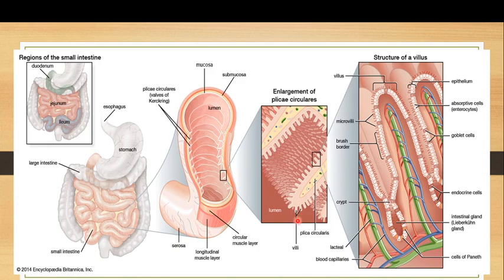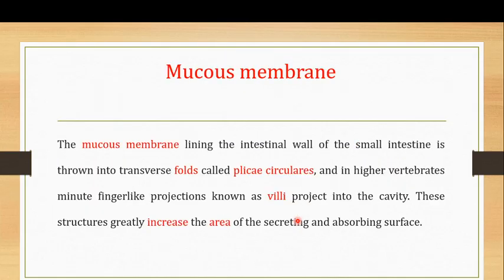The function of these projections is to increase the surface area, and the increased surface area helps in the process of digestion as well as absorption. As I've told you, these structures greatly increase the area of the secreting and absorbing surfaces.